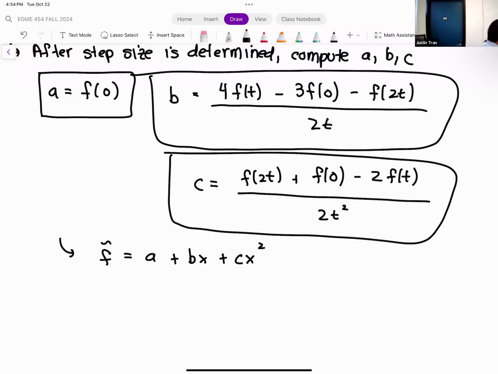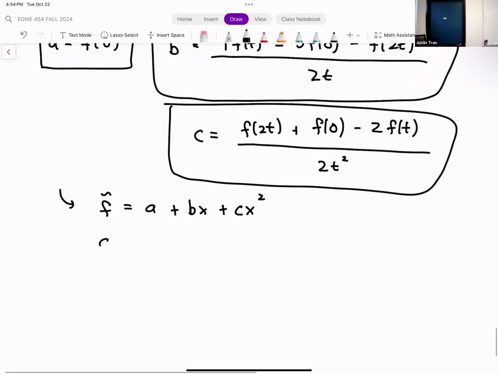Now we just have a simple quadratic function here, and so we can take the derivative of this function and set it equal to 0 to find the optimum. We have d f tilde dx. We're going to take the derivative of this, and of course a goes away. So a, as I mentioned before, is a bit of a waste, but we're going to use it again in a second.